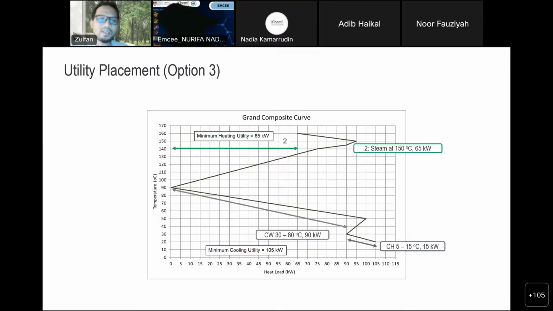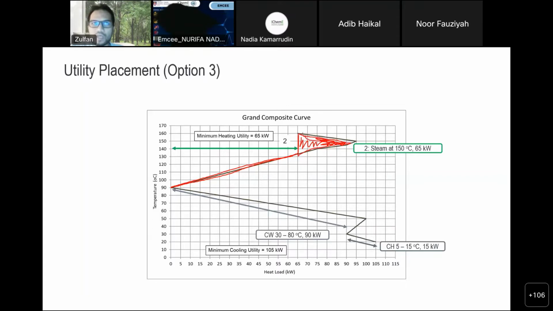And then if you look carefully at the graph as well, we may not need the 170 degrees C steam, because the process that we want to heat is only from here to there, from 90 to this part. This part we can build from process to process heat exchanging.